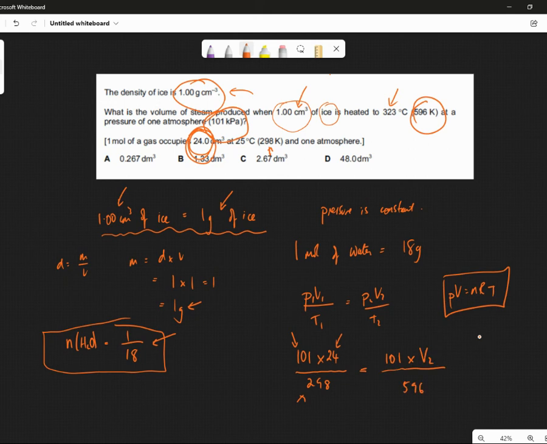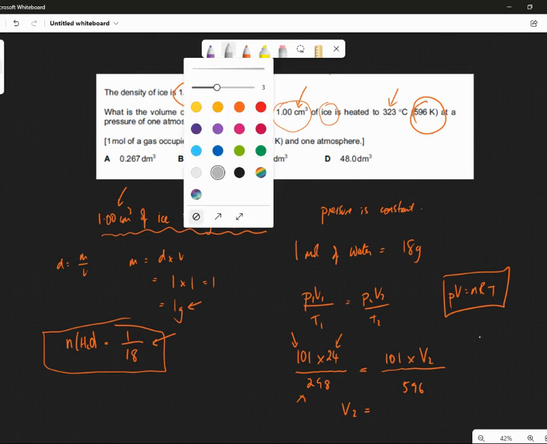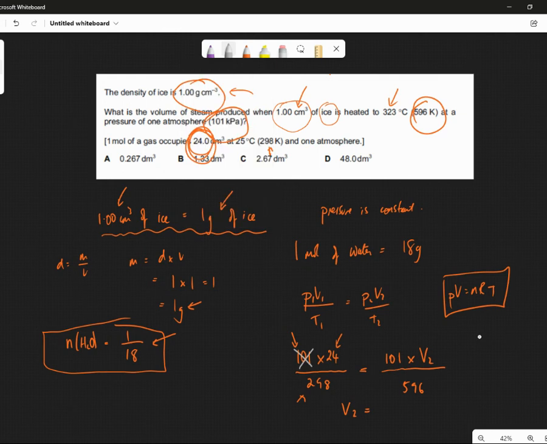Now, if I solve for V2, what I did last time is I cancelled things out and did weird stuff. So I'm not going to bother with this because this is going to cancel with this. If I solve for V2, V2 is going to equal 24 times 596 divided by 298.